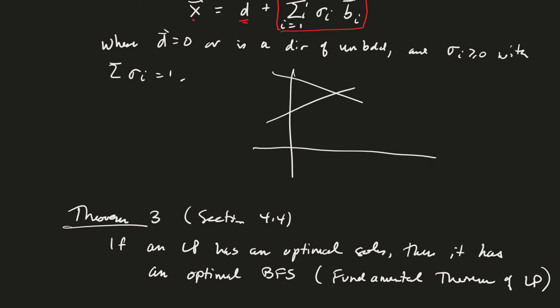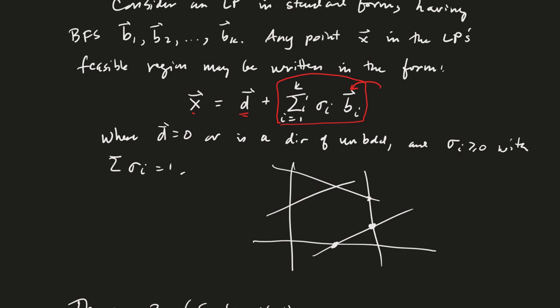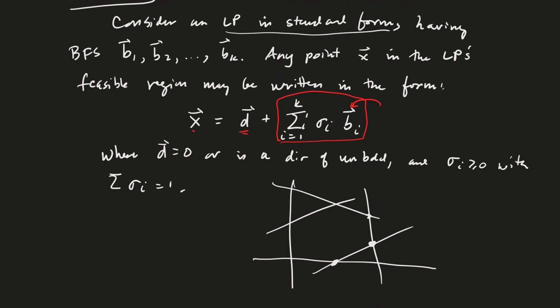So, if our set is bounded, then, when I'm writing these, you'll notice that our LP is in standard form. So this is just the two-dimensional representation. This is not the full representation though, because our full representation depends on how many slack variables we need and that kind of thing.